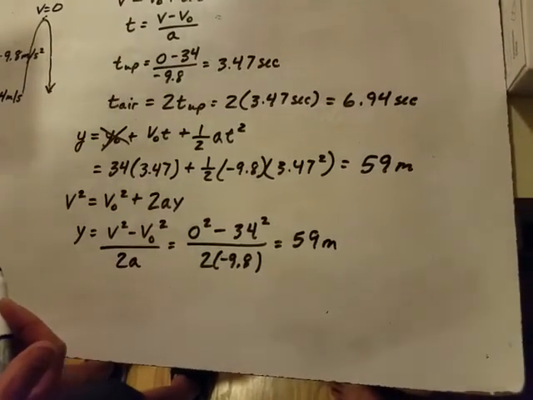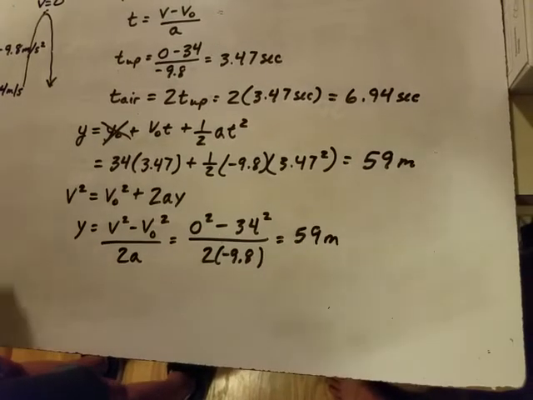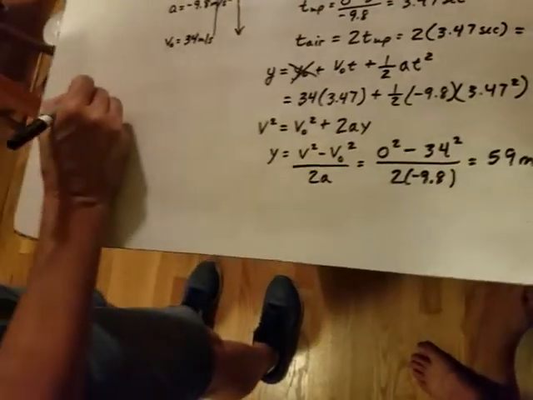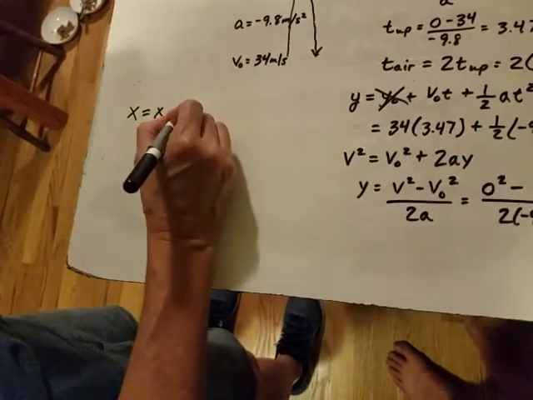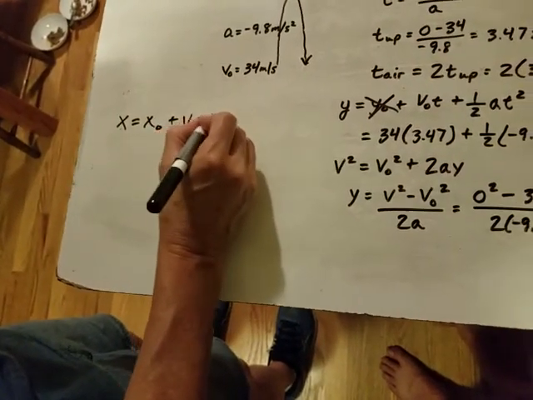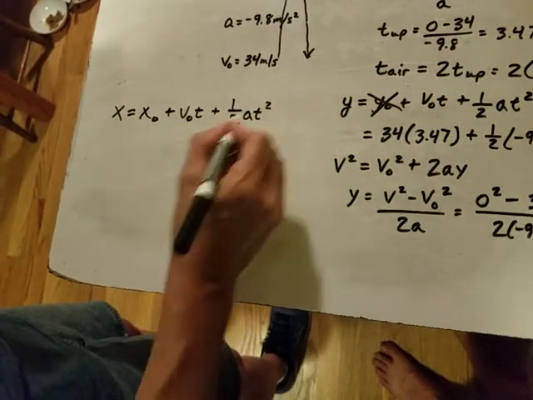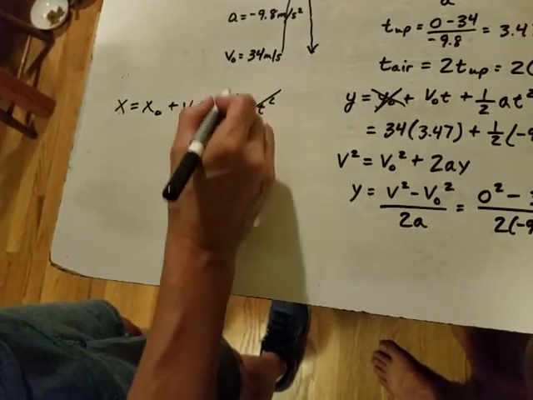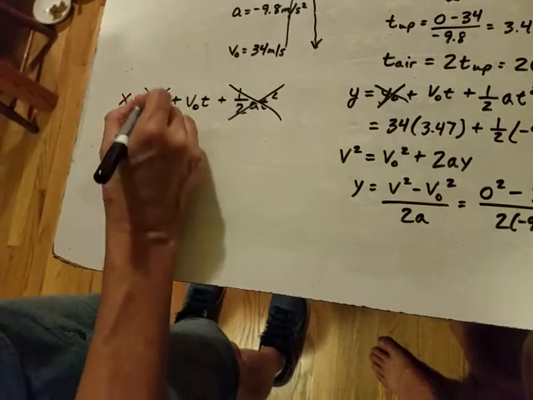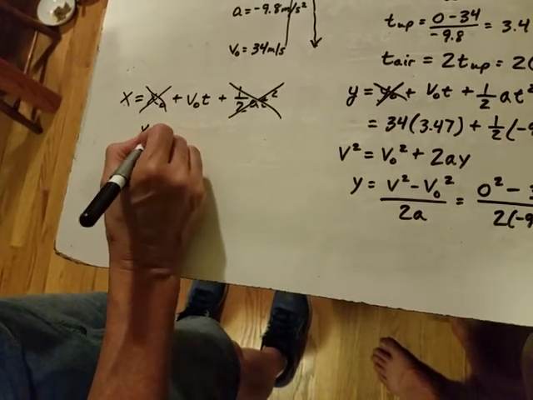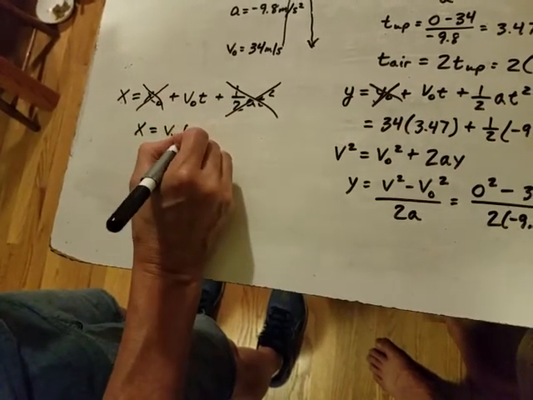In order to figure out the last one, the horizontal range, we're looking for x. X is equal to x0 plus v0t plus 1/2 at squared. We use this equation a lot in 2D motion. In the x direction, there is no acceleration. That is also 0, so x is going to be equal to vx times t.